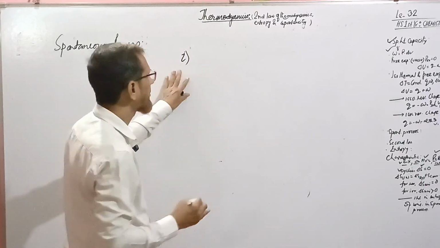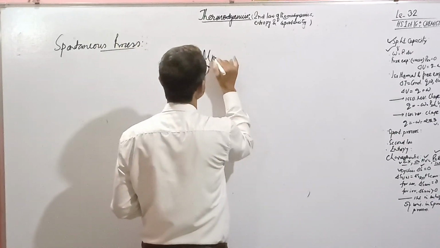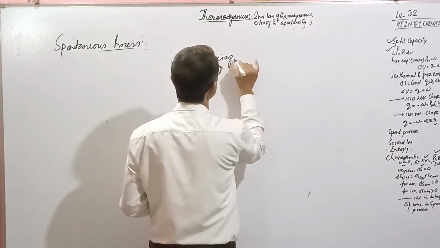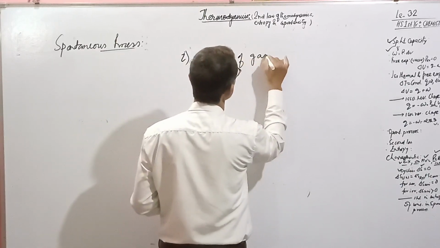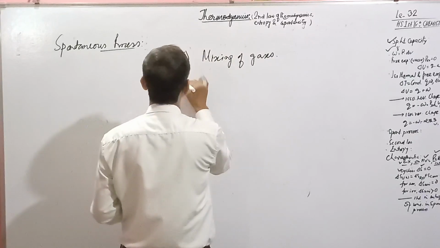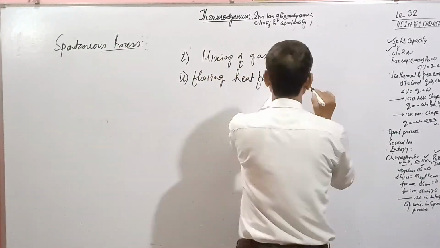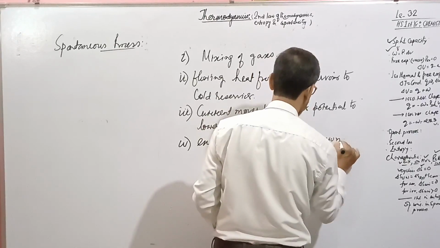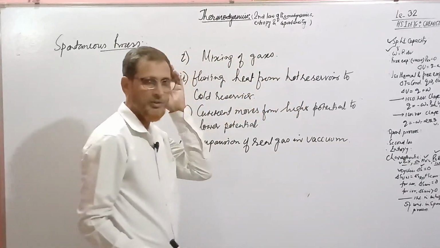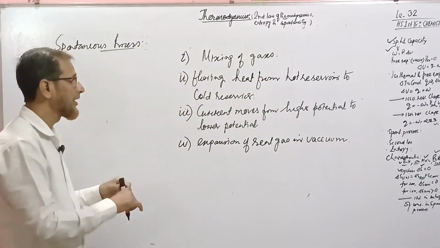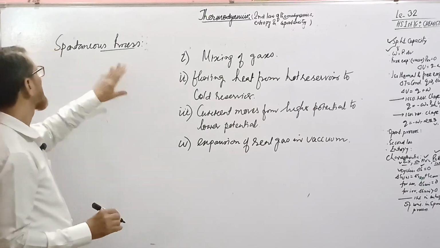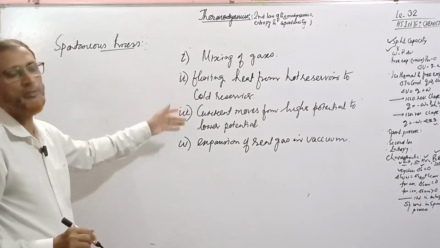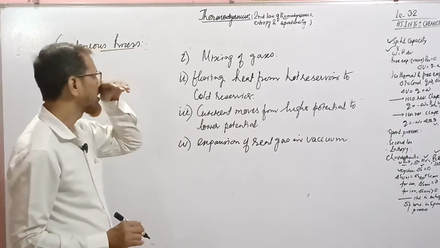Let me give the first example, mixing of gases. These are some examples which are termed spontaneous processes. Before giving you the definition, the first is mixing of gases.